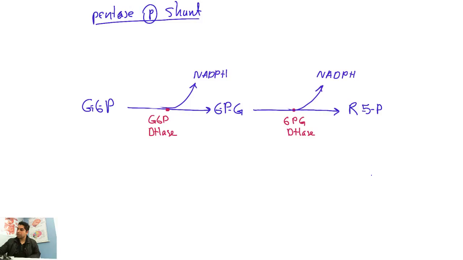Something very important for us: NADPH. This reaction produces a huge source of NADPH. These two enzymes are located where? In the cytoplasm. Memorize that. They're not mitochondrial enzymes, they're cytoplasmic enzymes.